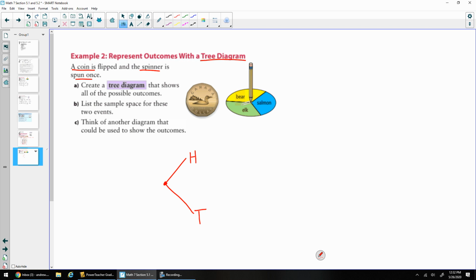If you went down the path towards the heads, you could flip a heads, and then spin your spinner, and you could spin to get a bear, an elk, or a salmon. So these 3 possible outcomes could have happened off the side of you flipping heads. And then we can write those combinations beside. You could get a heads and a bear, a heads and an elk, or a heads and a salmon. Okay?